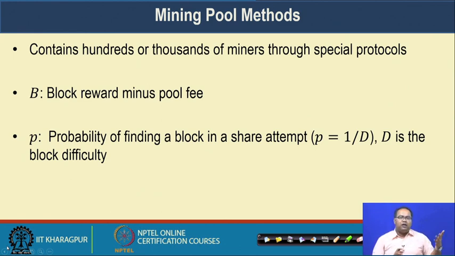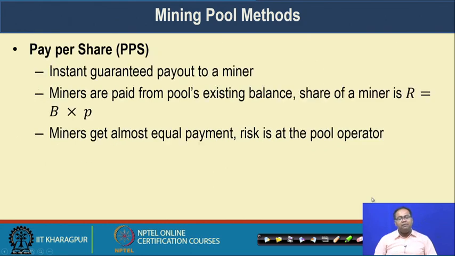And if D is the block difficulty, then we can say that 1/D is the probability of finding a block. Now, we have multiple mechanisms for distributing the share. One is called pay per share. In the pay per share architecture, you have an instant guaranteed payout to a miner.